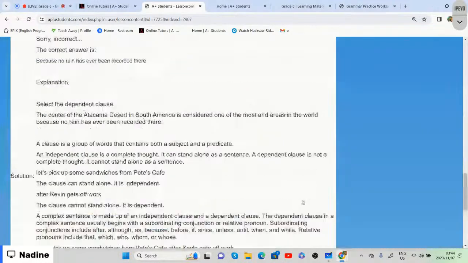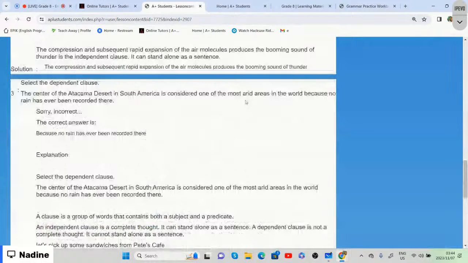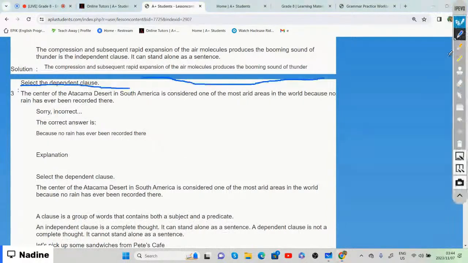Let's say we select our dependent clause, then we can say: because no rain has ever been recorded there. So we can say that is our dependent clause.